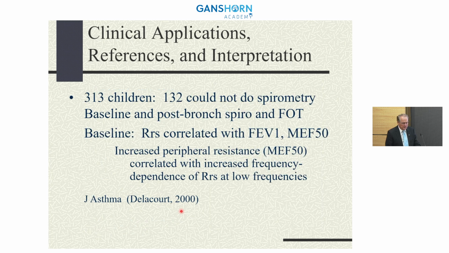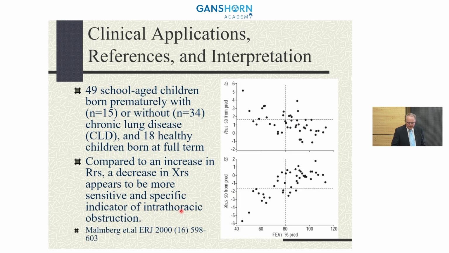Here's another paper that was published in 313 children. 132 of them, more than a third of them, could not perform spirometry, but they were able to perform oscillometry very easily.